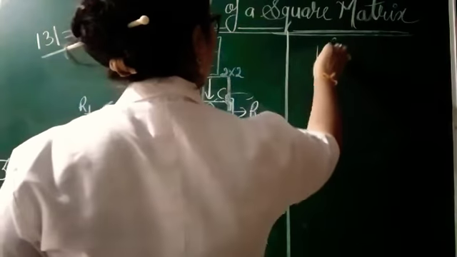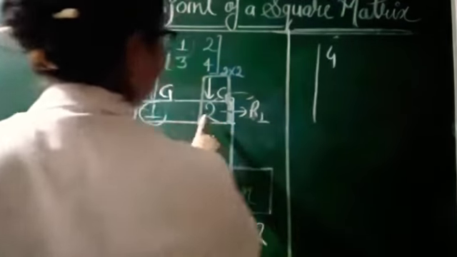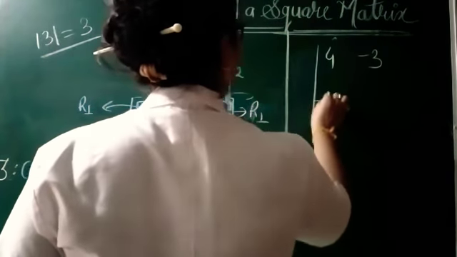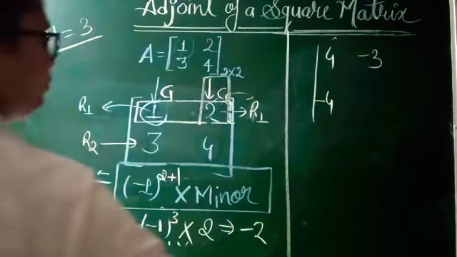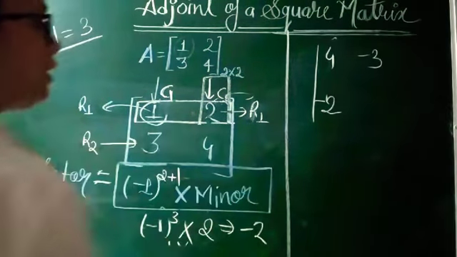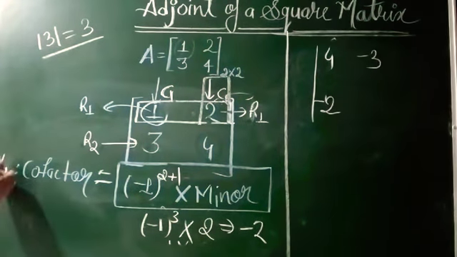In the first case we got 4, in the second case minus 3, and here minus 2. Cofactor of 3 is minus 2. And now the last, the cofactor of 4.